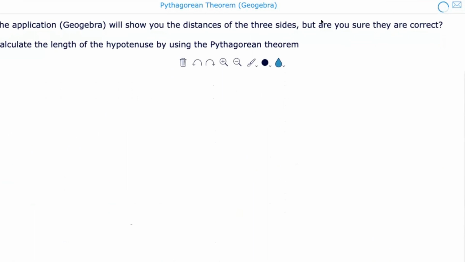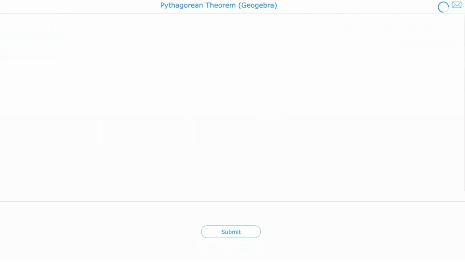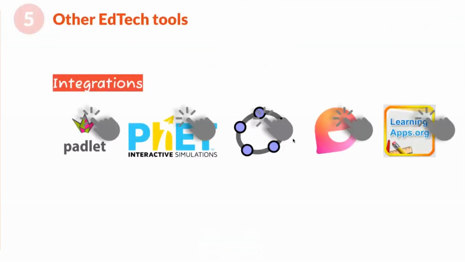You could also have students use a whiteboard question and have them upload their screenshots and then even annotate them as well. So you could get really crazy with screenshots and annotations to show student thinking.